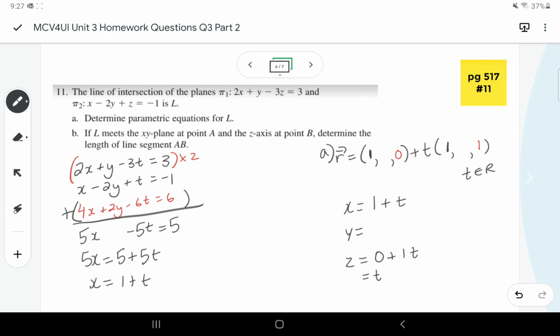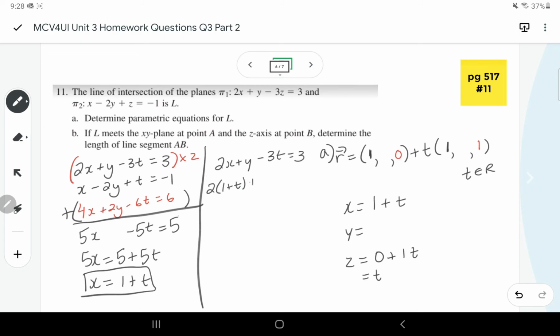Now I just have to substitute this x value into either one of the two equations up at the top and solve for y. So I'm going to use that first equation, 2x plus y minus 3t equals 3. And if x is 1 plus t, I get 2 plus 2t plus y minus 3t equals 3.